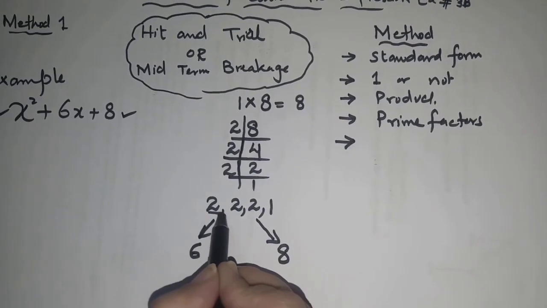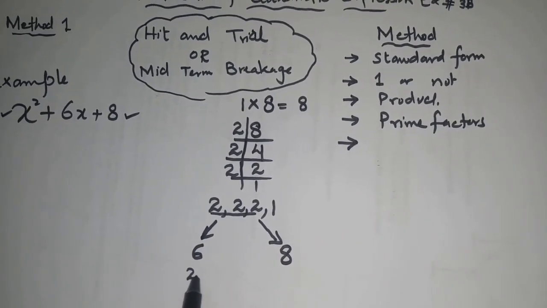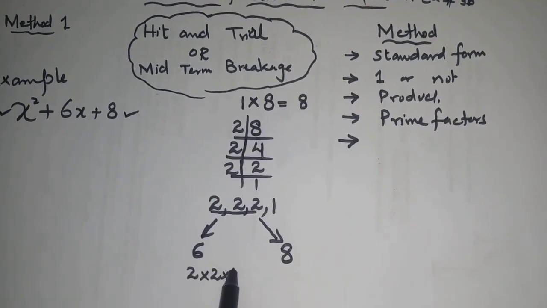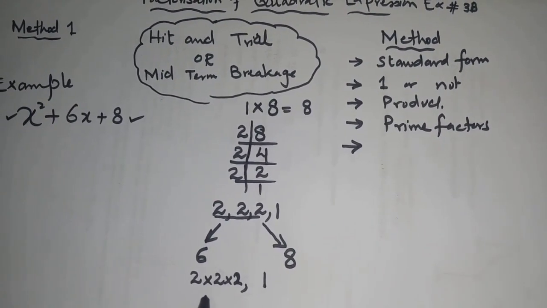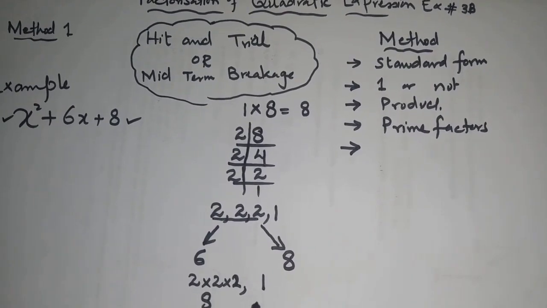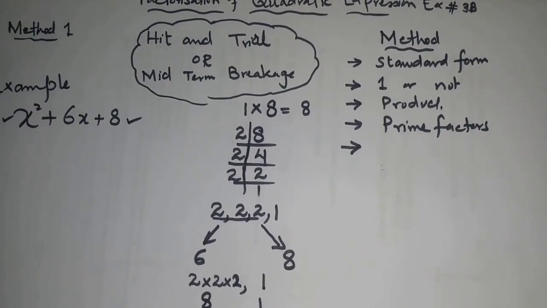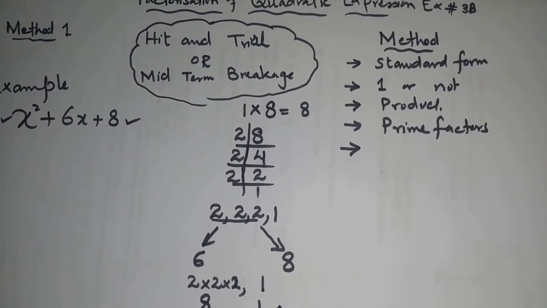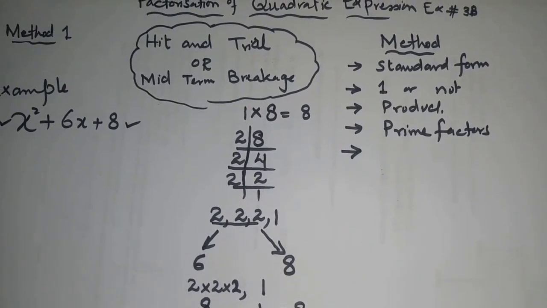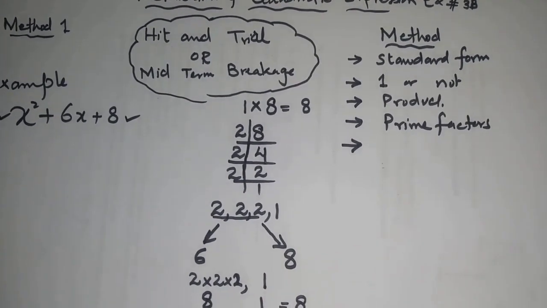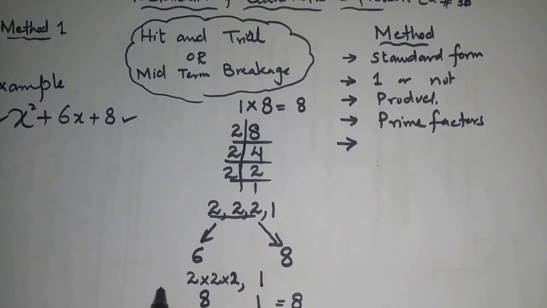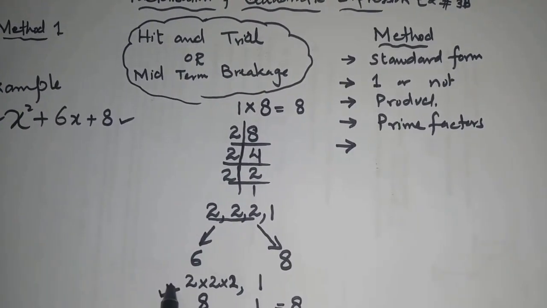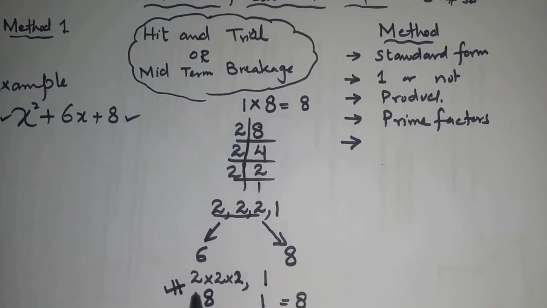If I take all 2's together, 2 multiplied by 2 multiplied by 2, and 1 alone, here the product is 8 and 1. When I multiply 8 by 1, my answer comes 8. But when I add 8 and 1, the answer does not come 6. So this is not the suitable choice. I have to rethink.